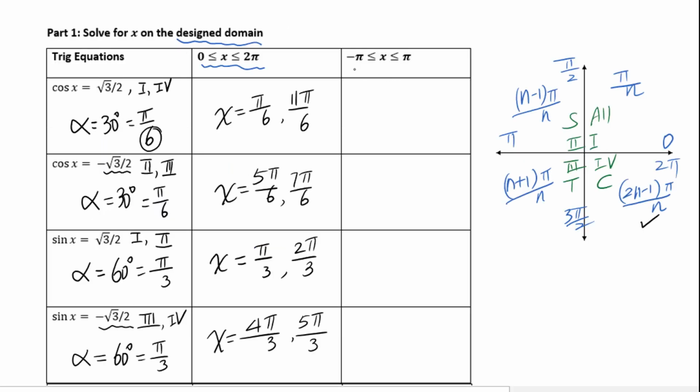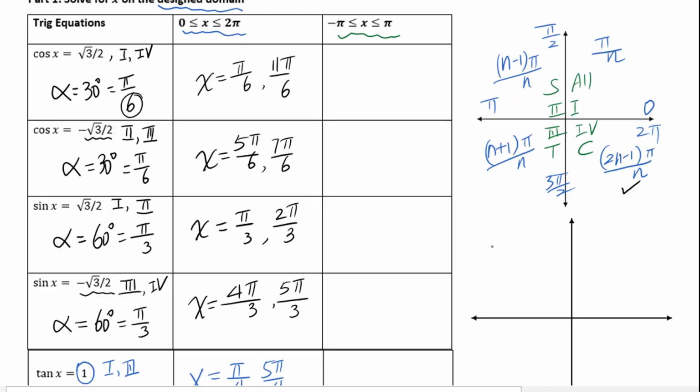Now let's go to this domain, x greater than or equal to negative pi, less than or equal to pi. Let's draw the diagram in the domain of the closed interval from negative pi to pi. So I have 0, this is pi, this is pi over 2. So we have pi over n. Then this one is n minus 1 pi over n.